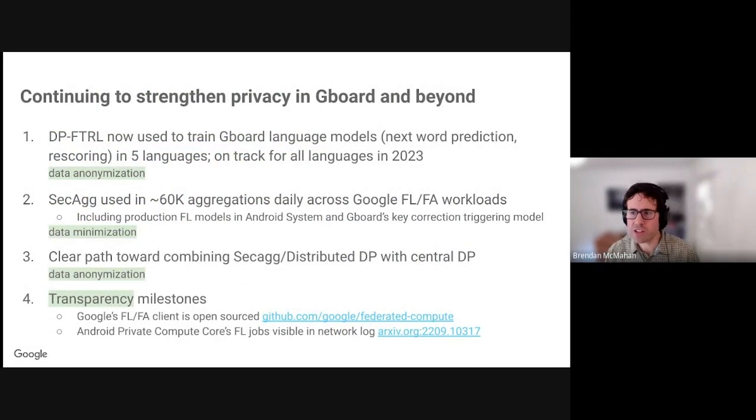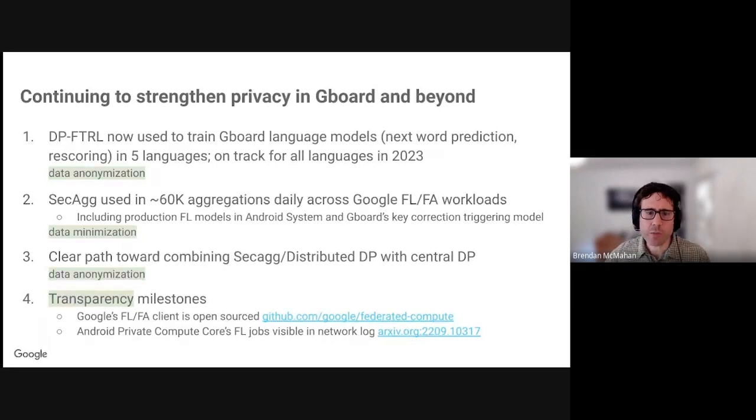So there's been some increasing interest in privacy for Gboard lately, so I wanted to take this opportunity to highlight some of the ongoing work we've been doing to strengthen the privacy protections used in our production FL applications, including Gboard. And I'll try to do this in light of some of the privacy principles and threat models I was mentioning earlier.